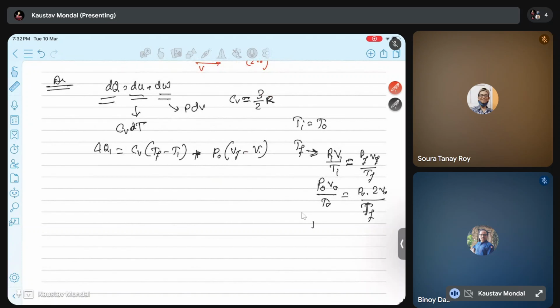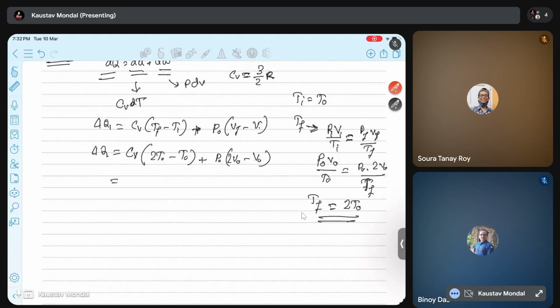From here if you calculate, Tf would be 2 into T0. So now the delta Q would be CV (2T0 minus T0) plus P0 (2V0 minus V0), right?